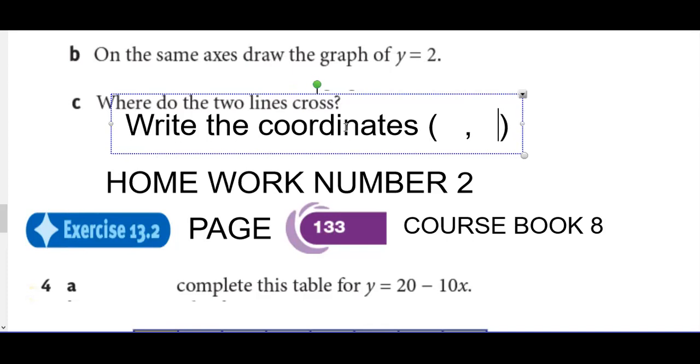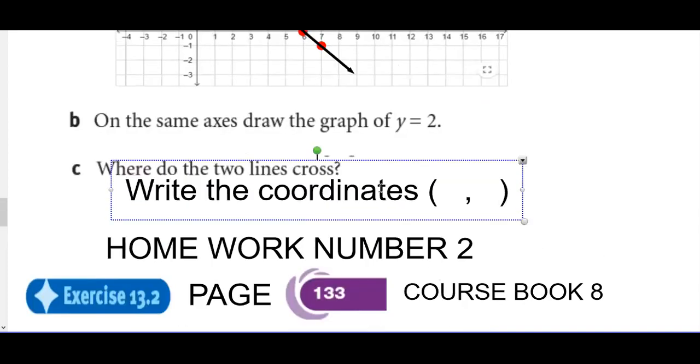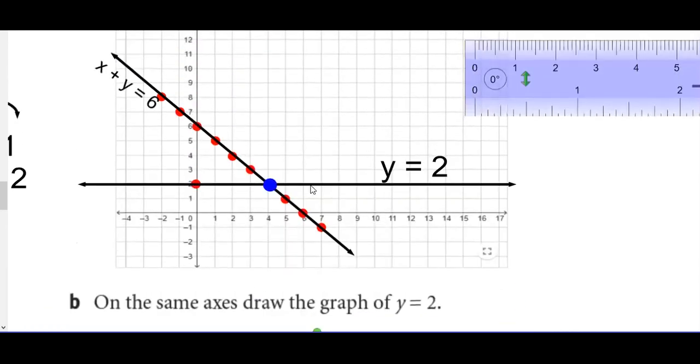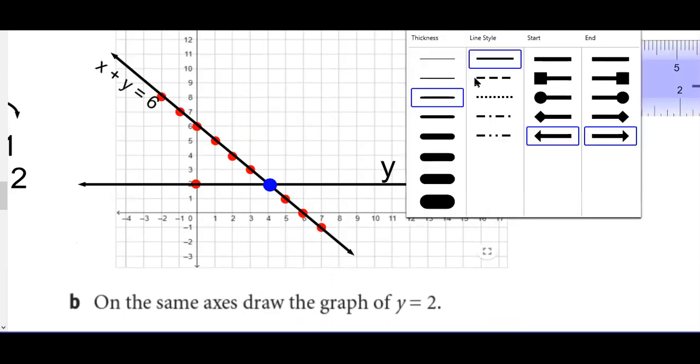Now write the coordinates. How do we write the coordinates at the point of intersection of the two lines? So we go back here. This is where the two lines meet. So at this point where the two lines cross each other, record what is the value of x.